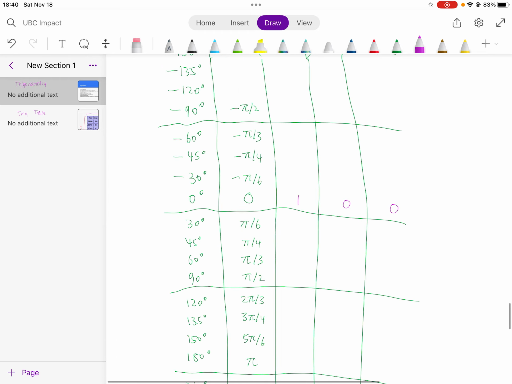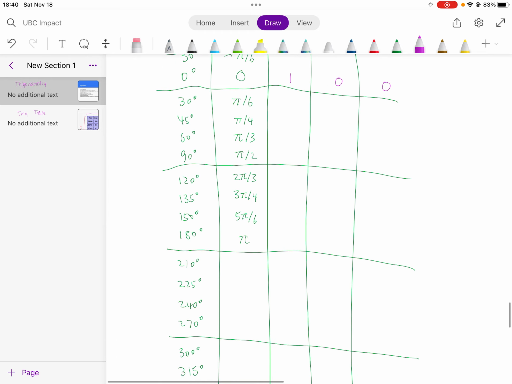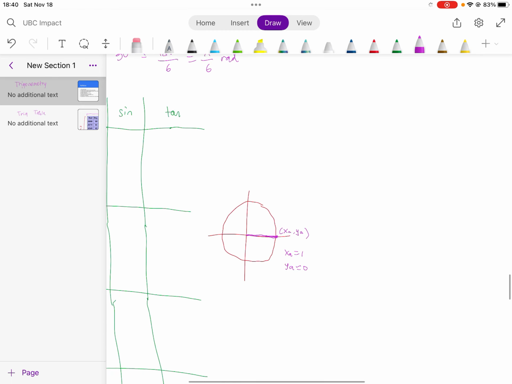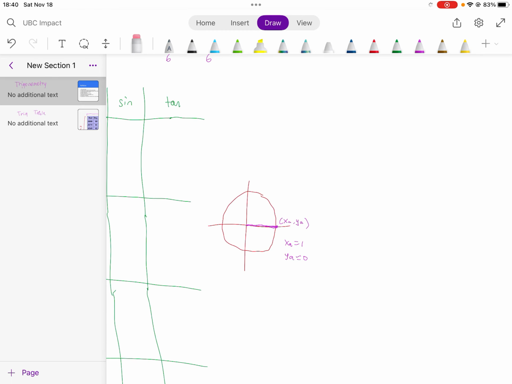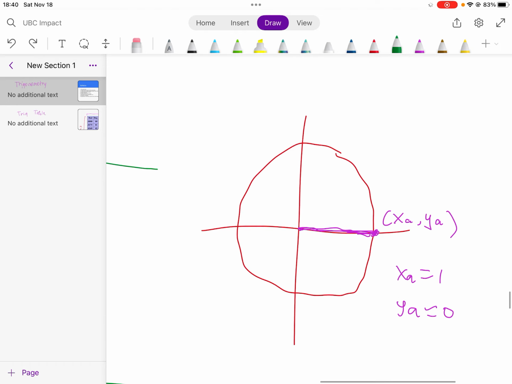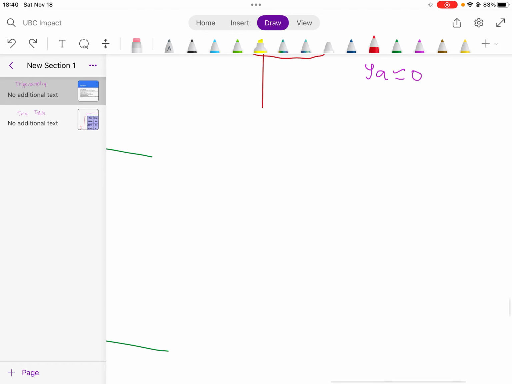Excellent. That's one. Let's try another one. Let's try 90 degrees. Actually, we should probably leave the previous one alone. Okay, let's draw another one.